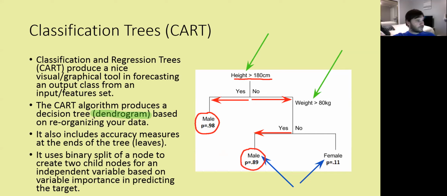However, if you answer no, meaning you are not very tall and you're not very heavy, then the prediction is you're going to be female, and that will happen here 11% of the time. So this is the idea behind a classification tree. It's essentially a calibrated binary decision tree to help you predict that final outcome.